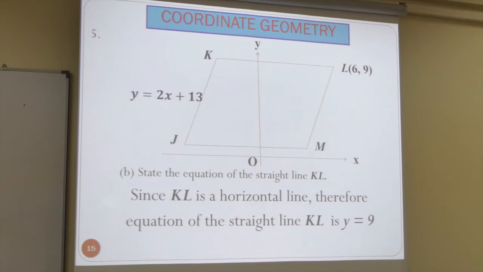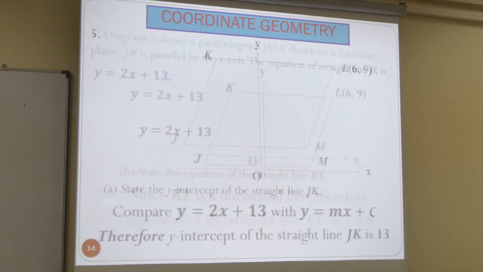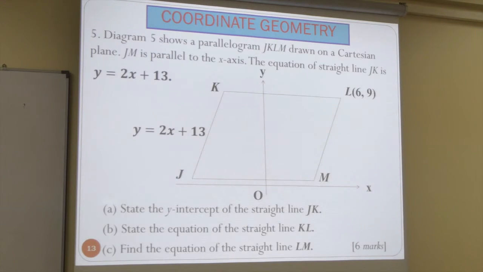So when you look at question C, find the equation of the straight line LM. Then we look at LM again. So this is the LM. In order to find the equation of LM, you show your hand. Is it horizontal?